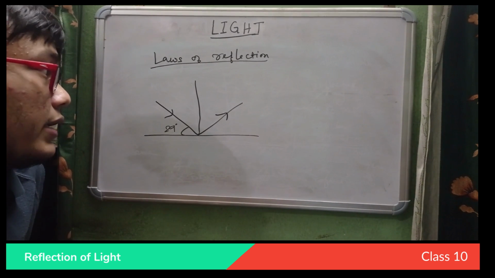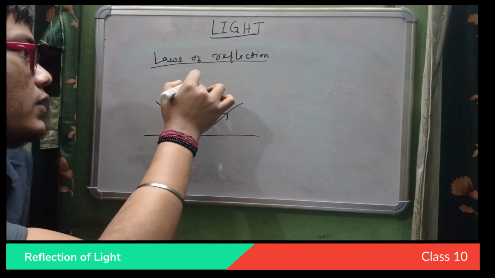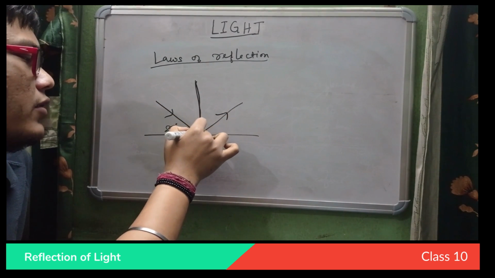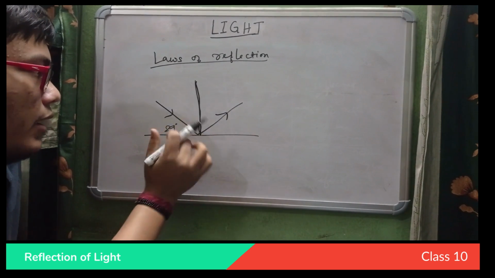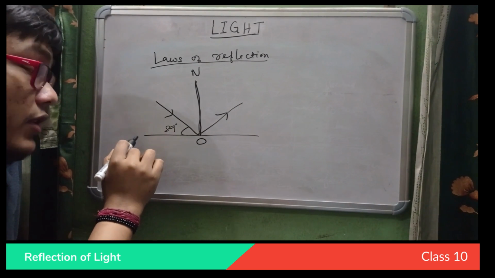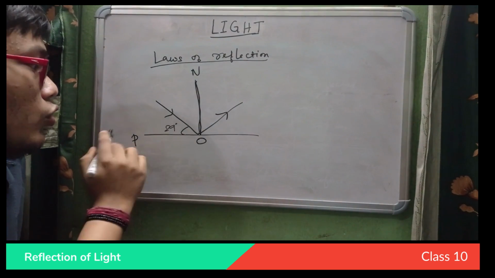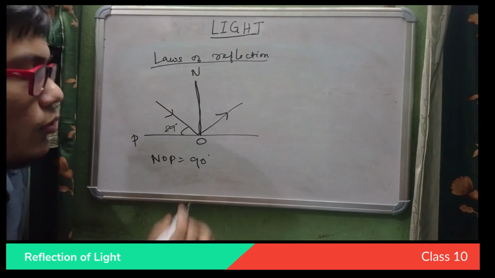It is asked to find the angle of incidence and the angle of reflection. We know this is a normal, a perpendicular line to the surface. So angle NOP should be 90 degrees because it's a normal line.